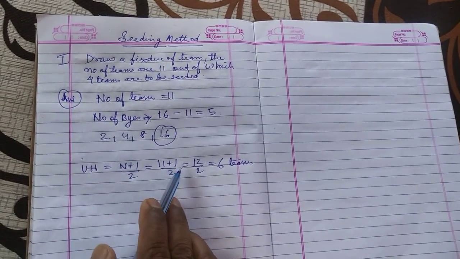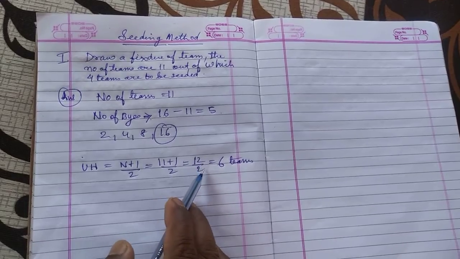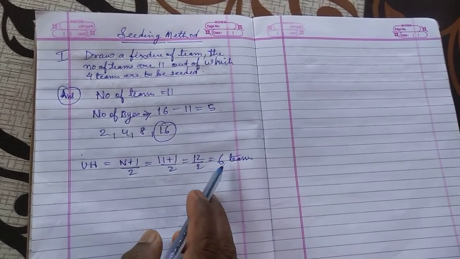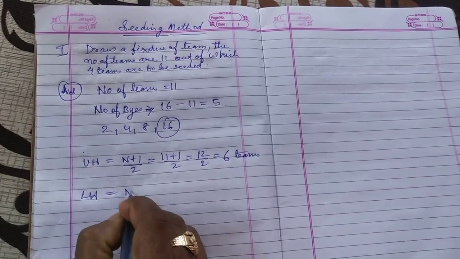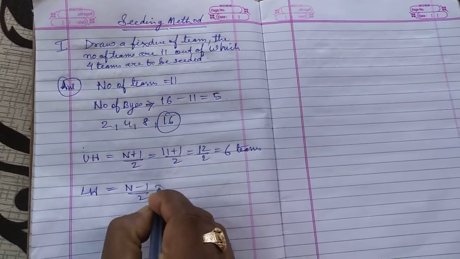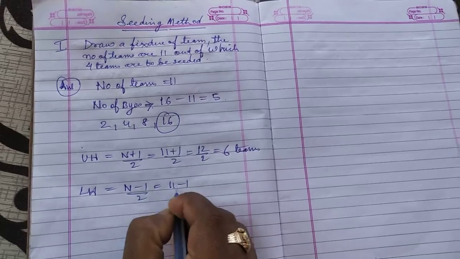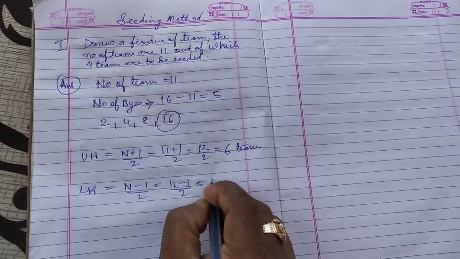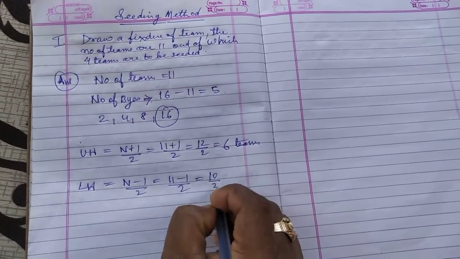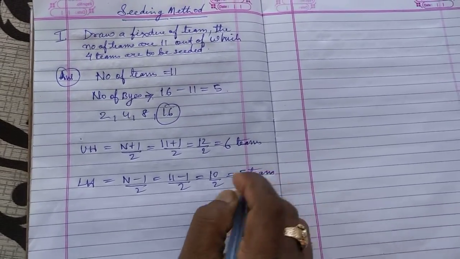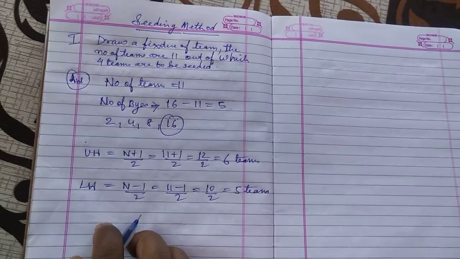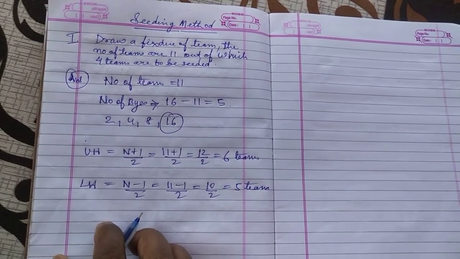That is 11 plus 1 by 2, which is 12 by 2, equal to 6 teams. Now let us see the lower half. What is the formula? N minus 1 by 2, that is 11 minus 1 by 2, which is 5 teams. Now upper half and lower half is over.